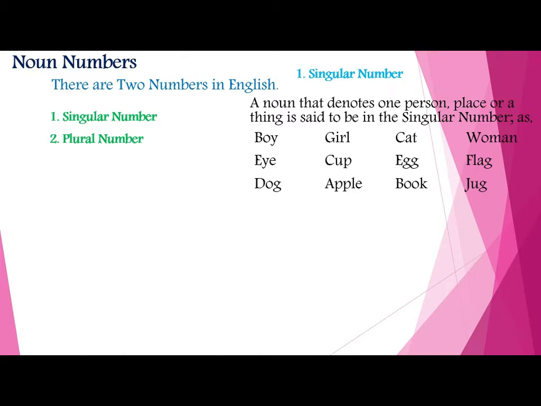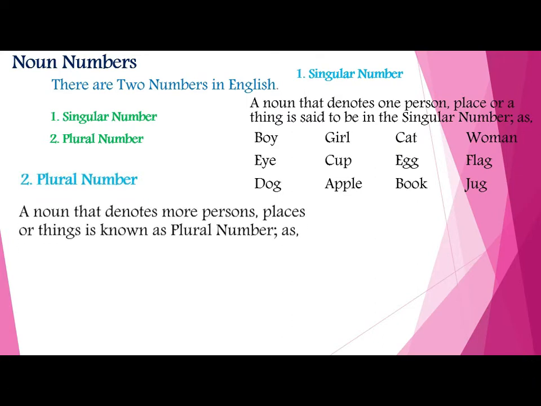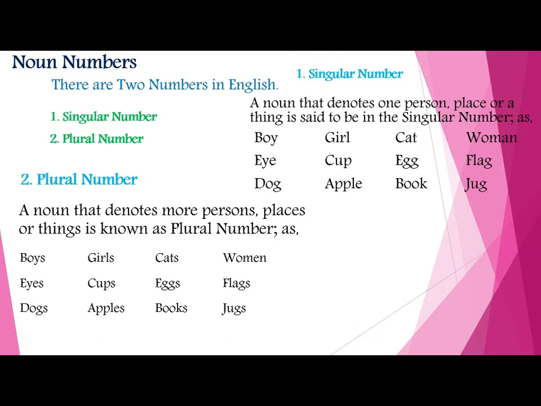These are examples of a singular noun: boy, girl, cat, woman, I, etc. Plural number: a noun that denotes more persons, places, or things is known as a plural number. These are examples of plural numbers.